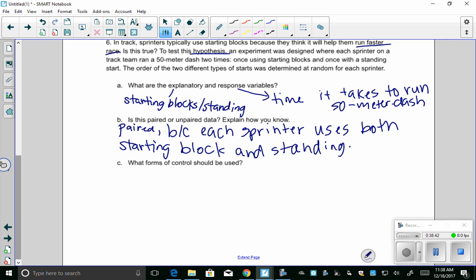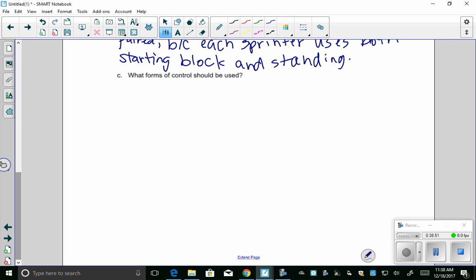All right. What forms of control should be used in this experiment? The same type of people. You got it right. Same people. Everyone should run the same distance. The type of shoes. Okay. Why do you think shoes is important?